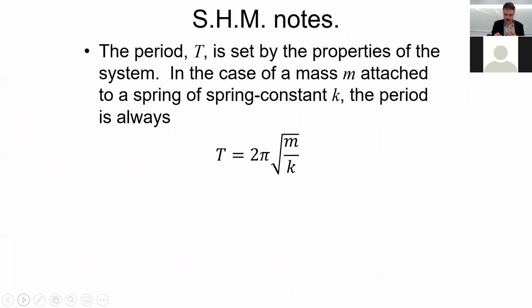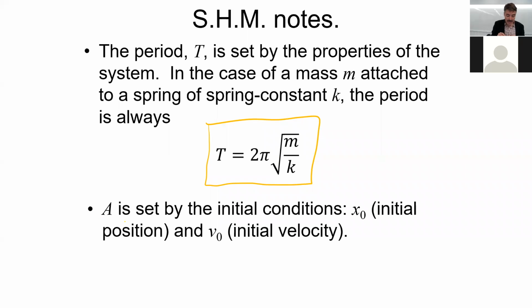Let's talk a little bit more about this. The period T is set by the properties of the system. In this case, of a mass m attached to a spring constant k, the period is always this equation. T is equal to 2 pi times the square root of m over k. But A, the amplitude, is set by the initial conditions.